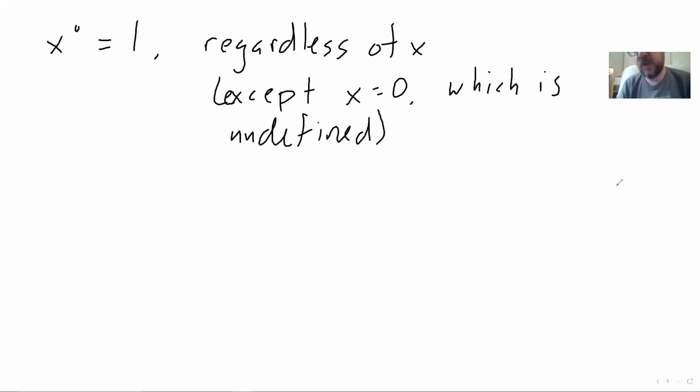And the reason that's undefined is that 0 to any power, no matter how many times you multiply 0 by something, you always get 0, right? 0 to the first is 0. 0 to the second is 0 times 0, clearly 0. 0 to the third, 0, 0, 0, also still 0.